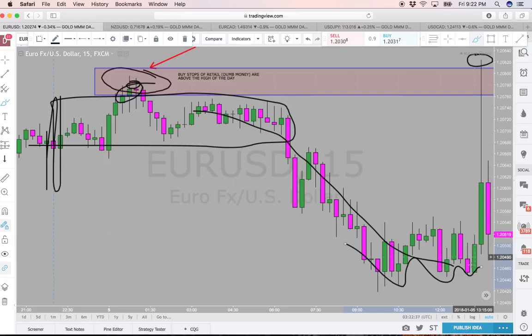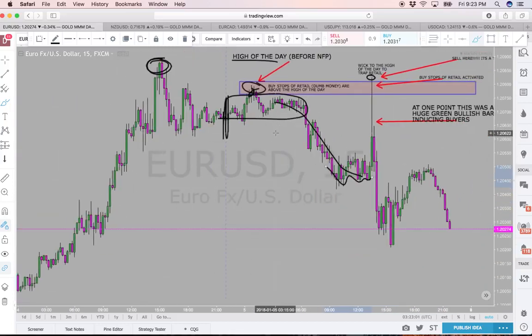This was at 8:30 in the morning. NFP came out. So at 8:25, I sent, at something like 8:28, I sent my final analysis on NFP, and I showed you guys a spike to this high.